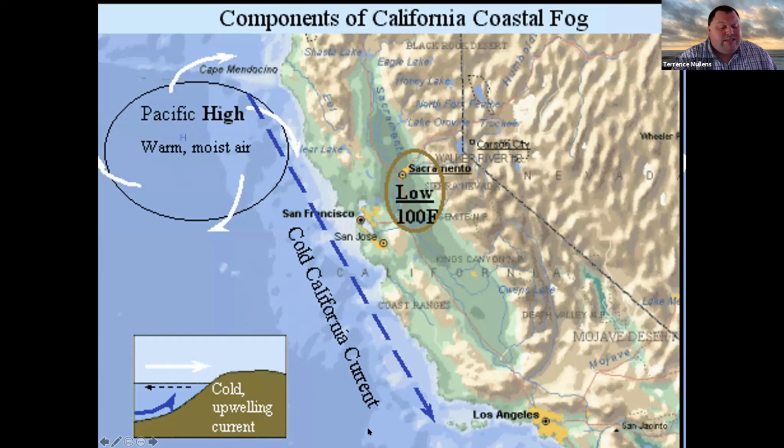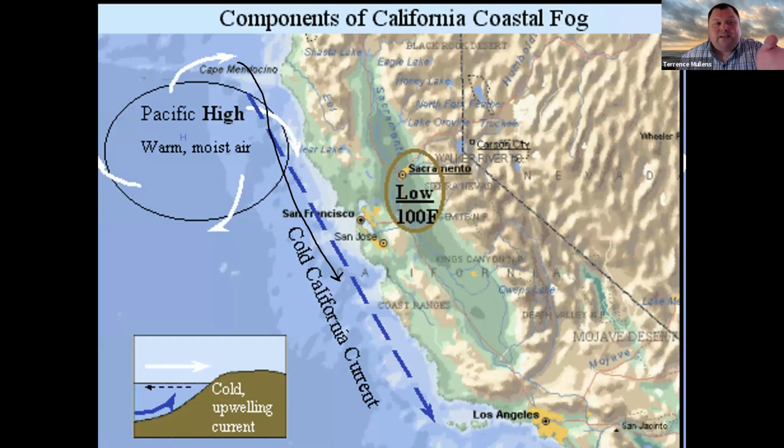What that actually does is that actually forces air to travel from north to south along the California coastline. Well, the shape of our coastline makes it so that these winds blow almost perfectly parallel to the coastline.